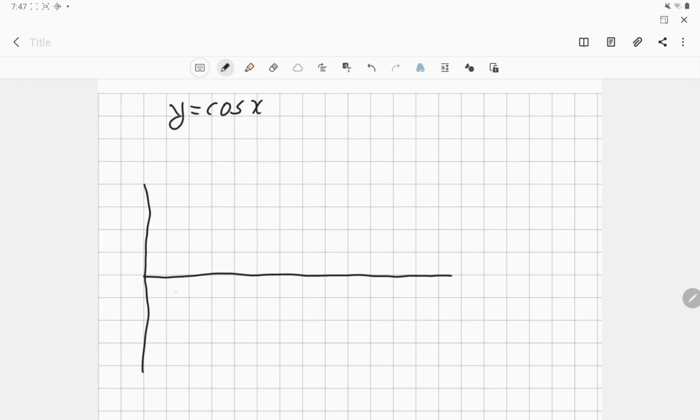Well, that was really crooked. 30, 60, 90, 180, 270, 360. And if we say here's 1, here's negative 1, then if this was a cos graph, it would look like this right here. Not really good there, but anyway.